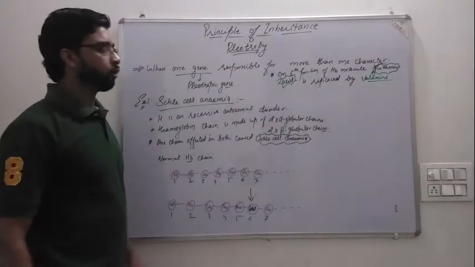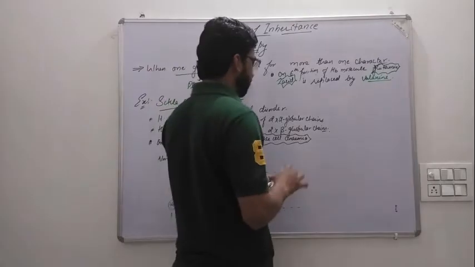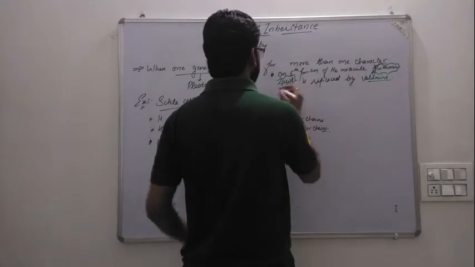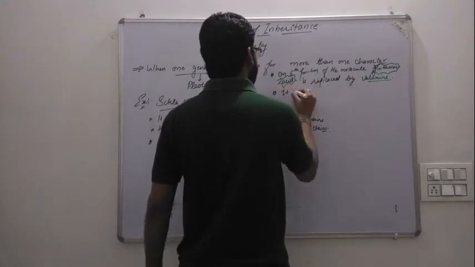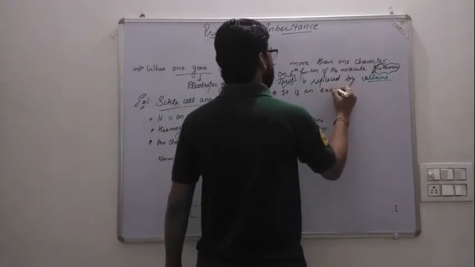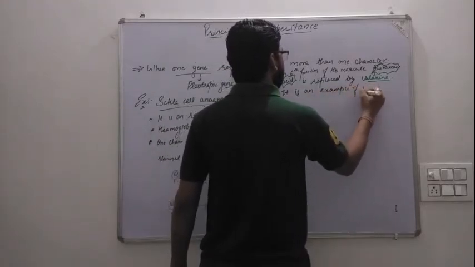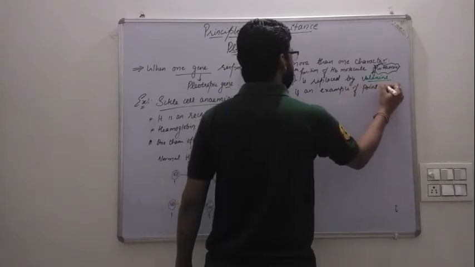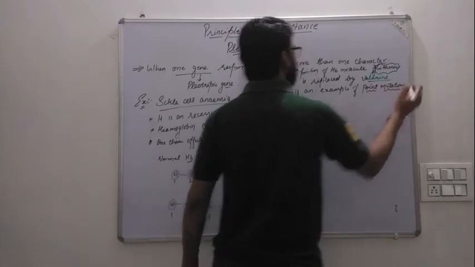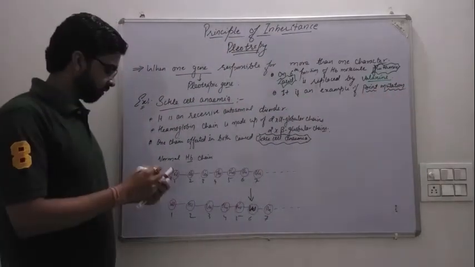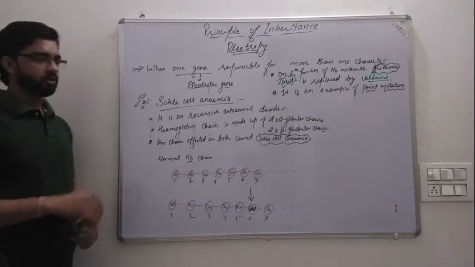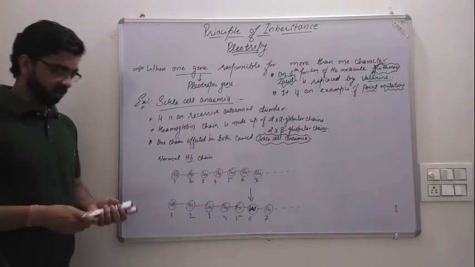We go through the other causes of it. Next, it is an example of point mutation. Next, if we are going through the causes of it, what changes occur?